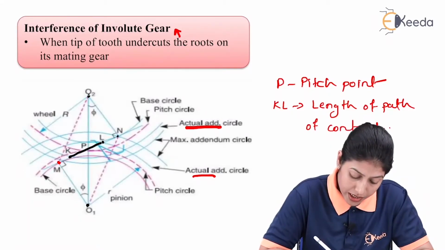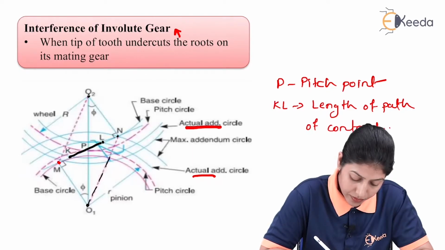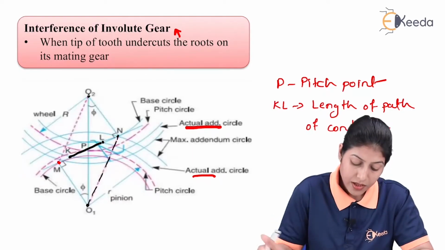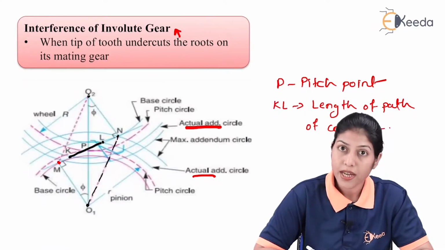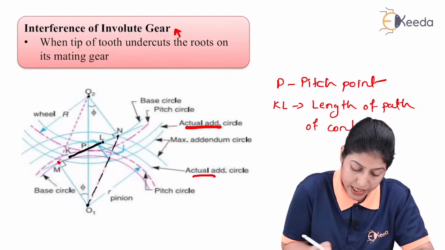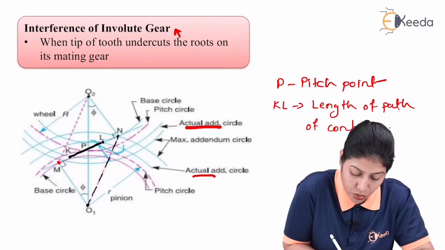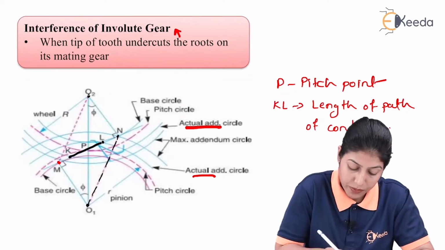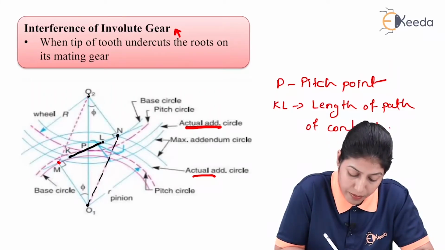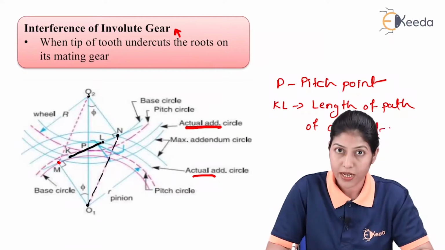Now if we are increasing this radius O1L up to O1N, in that case you can see the outer end of the tooth of the pinion will touch the base circle of the wheel.